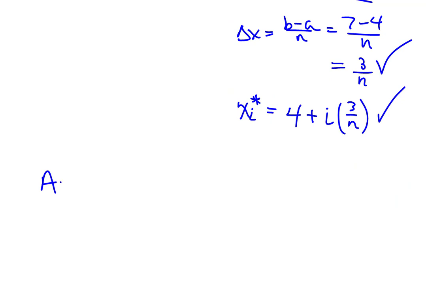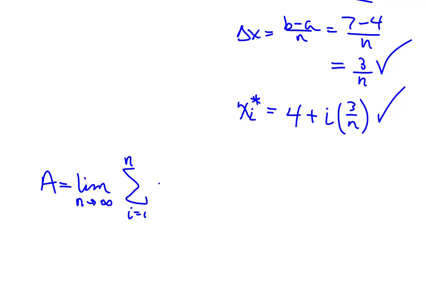So now let's put this all together to define our actual area given all the formulas we have above and what we've designated for delta x and x sub i star. We know that the actual area is the limit as n approaches infinity of the sum from i equals 1 to n of, as the formula said above, f of x sub i star.